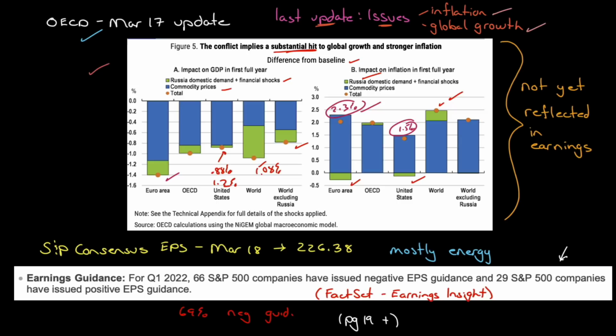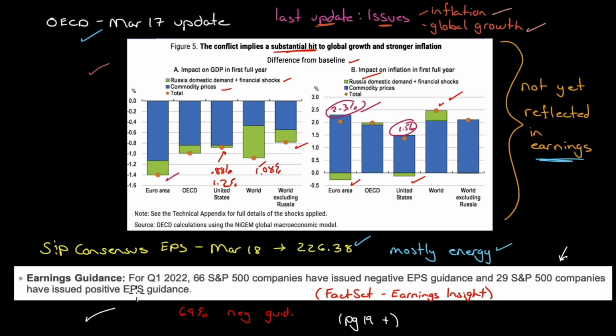Now, all of this, curiously, is not reflected in the consensus earnings, because when I searched for the latest agreement on consensus earnings, it was a little bit higher, coming in at 226.38 versus 225 and change, mostly because energy earnings had been updated, but none of the other earnings had been changed as of yet.